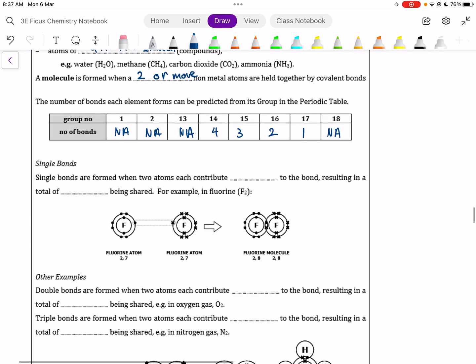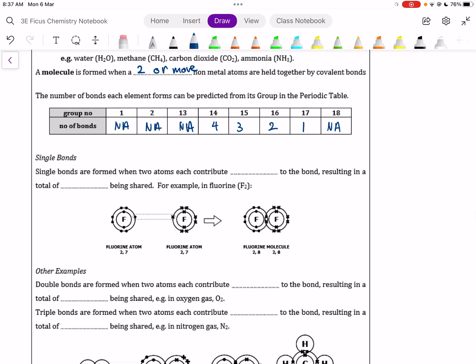Then the single bonds. Single bonds are formed when two atoms each contribute 1 electron to the bond, resulting in a total of 2 electrons being shared. How do I know they share one? Let's look at the electronic configuration.